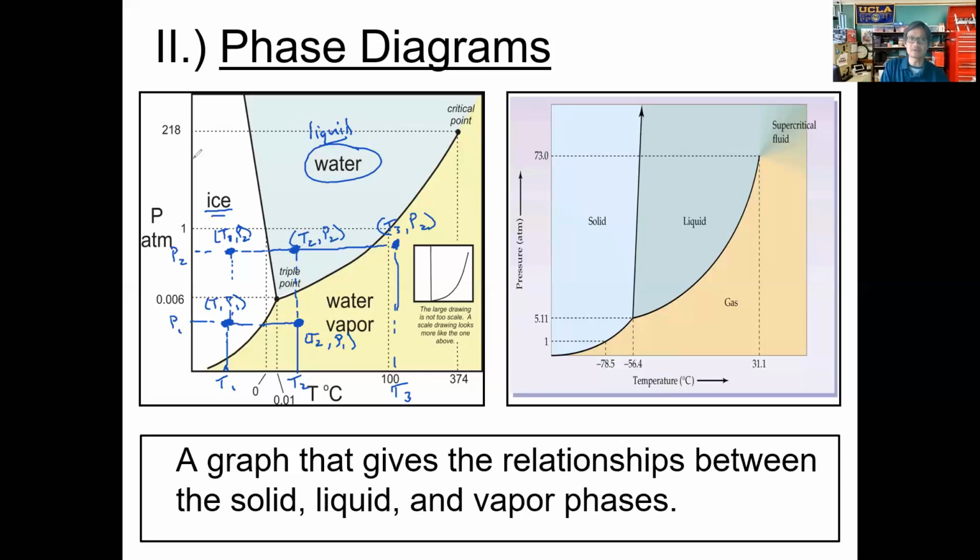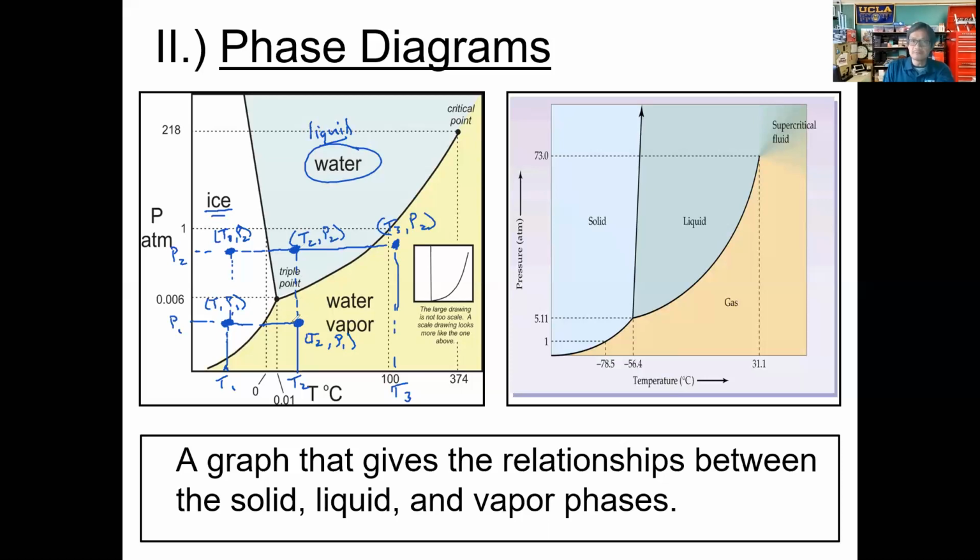Remember, pressure increases as you go up the y-axis. So at P1 we are starting at a lower pressure but a higher temperature. What state is the water in at this particular temperature and pressure? Well, it's in this region right here, so we have water vapor.